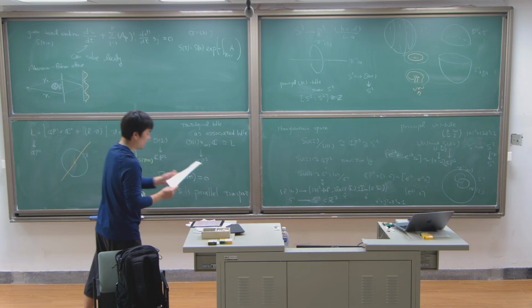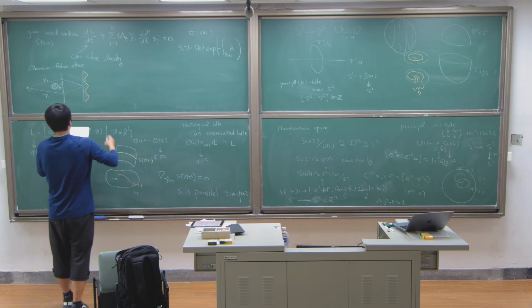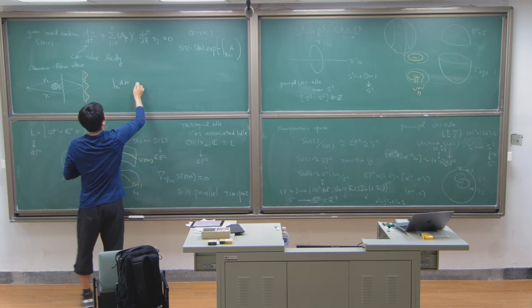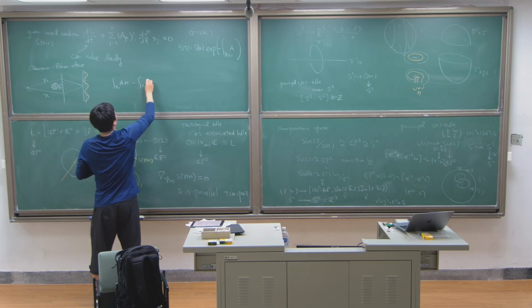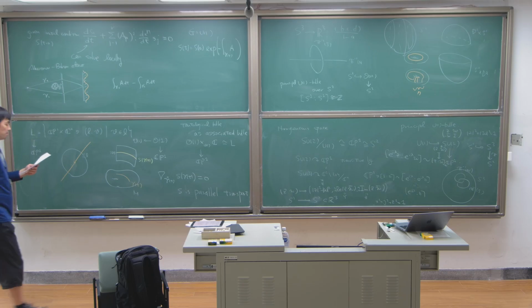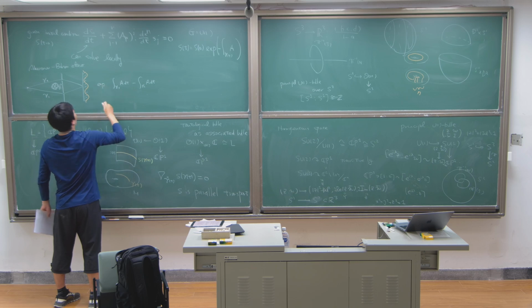The wave function will get a phase such that the integral along gamma 1 of A minus the integral along gamma 2 of A. So you get such a phase, in particular, an exponential. Okay. Like this one.